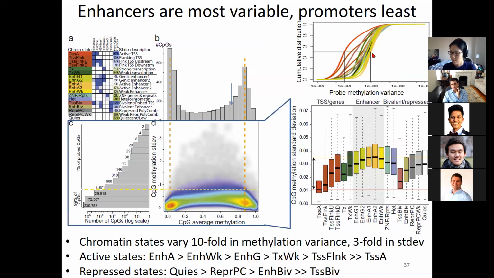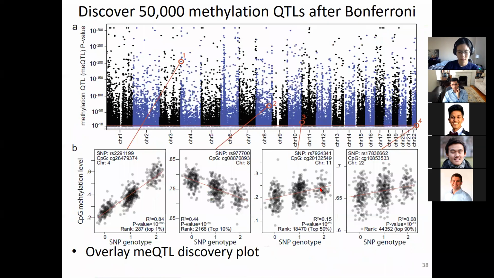What you can see is that enhancer regions are in fact in this intermediate regime, and they are by far the most variable chromatin state, whereas promoter regions are out here in the highly unmethylated level, with very little variation. Indeed, they are an order of magnitude less variable than enhancer regions. And again, you can see here the full distribution for every different chromatin state. Enhancers are very variable. Promoters are not variable at all.